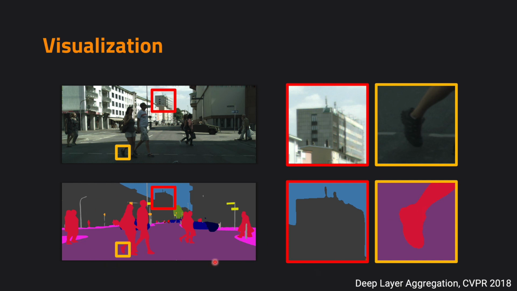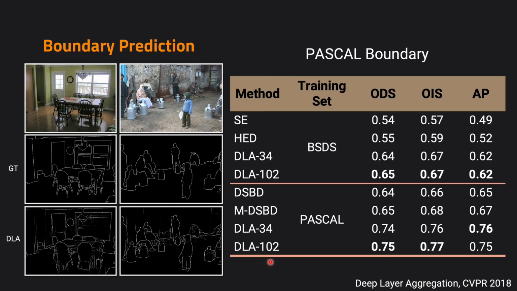Overall, the network can segment the image with very good accuracy, and it can also achieve very good accuracy on the boundary task. So it shows that with deep layer aggregation, we can get a very good balance between low-level details and high-level semantic information, so that it can perform multiple tasks, including classification, fine-grained classification, segmentation, and even boundary prediction.